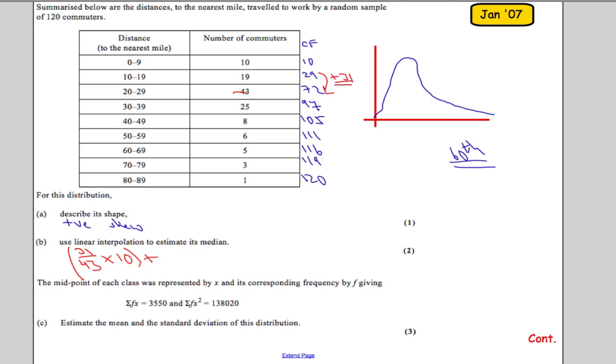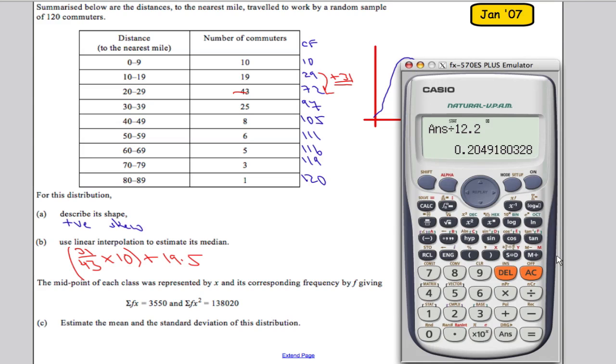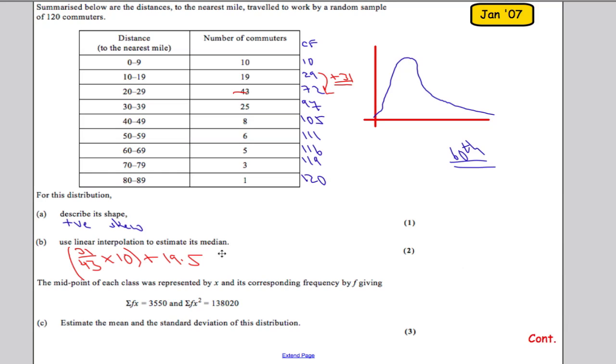And then, as always, add on the lowest bound, which is 19.5. So taking out the calculator. So we're going to do 31 out of 43, multiply that by 10, and then add on 19.5, which gives us 26.7. So 26.7 will do to three significant figures. 26.7 miles.